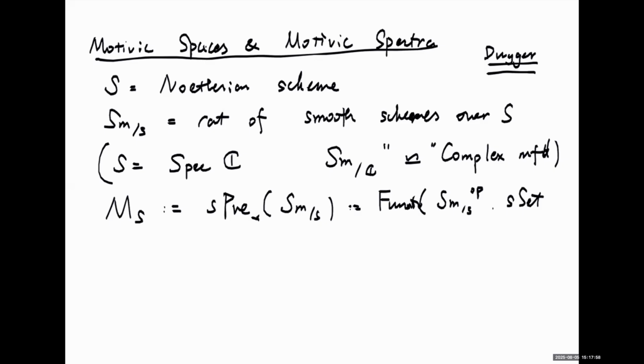Well, pointed. You could have an unpointed version, but today we are going to care about the pointed one. So again, the category of spaces is all the functors from smooth schemes over S to the category of pointed simplicial sets.